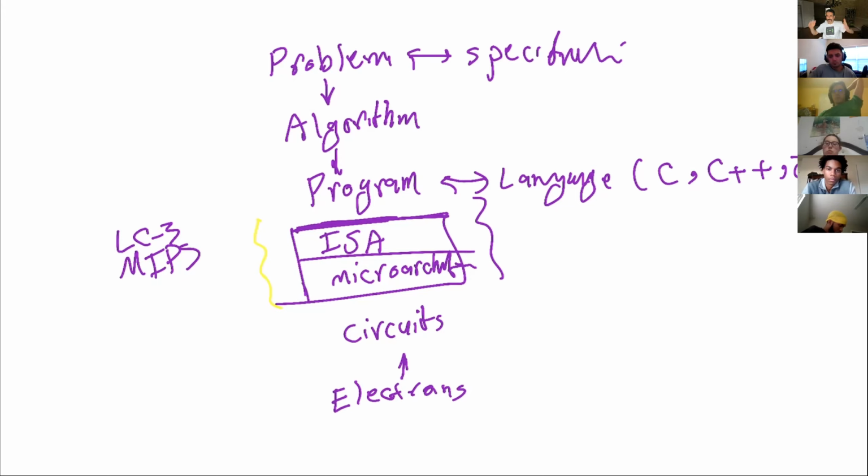But again, you might say, okay, sure, but why is this particular type of ISA, this particular type of assembly, important? The answer is also simple.